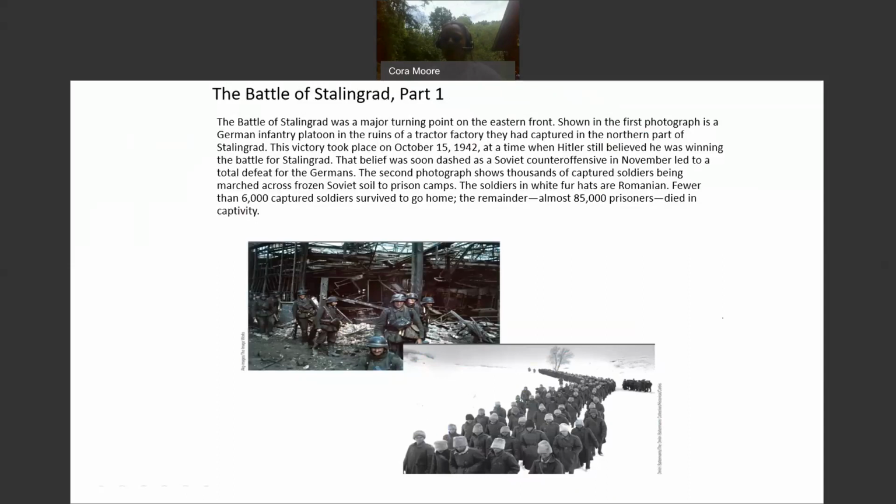And it wasn't that the Russian soldiers were more advanced than Germany. It wasn't that they were smarter than them. What took the Nazis out at Stalingrad was nature. It was the weather. It was just simply too cold.